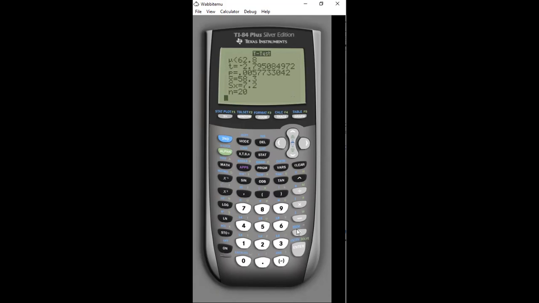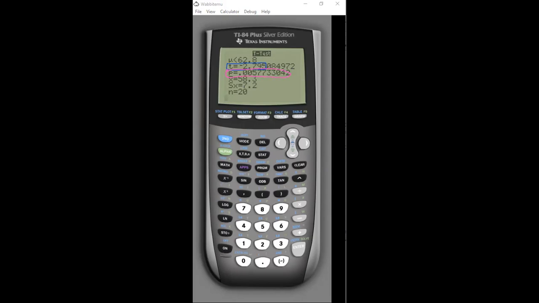All right. So here, the test statistic is negative 2 point something. So this one here, this is my test statistic, negative 2.795, right? And this P here is my p-value.